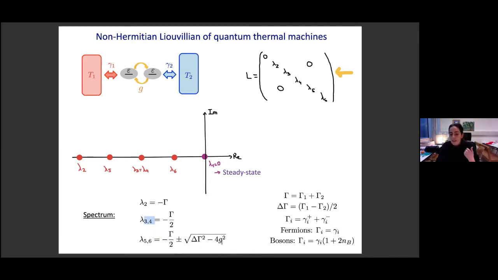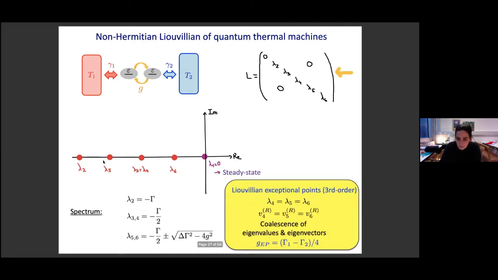So if I take a specific value of G such that this term is equal to 0, something very specific happens to my spectrum, and so to the decay modes that tell me how my system is approaching its steady state. And this specific point where G takes this value such that what is under the square root is equal to 0 is an exceptional point.